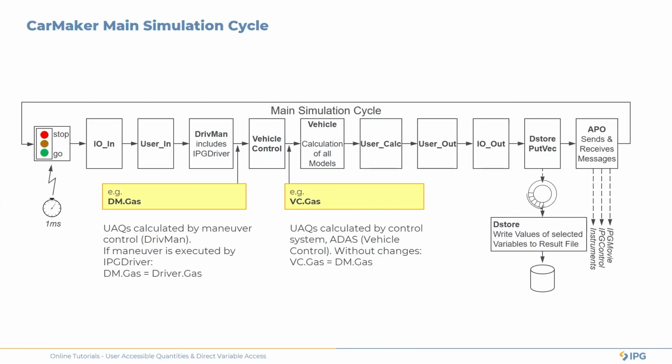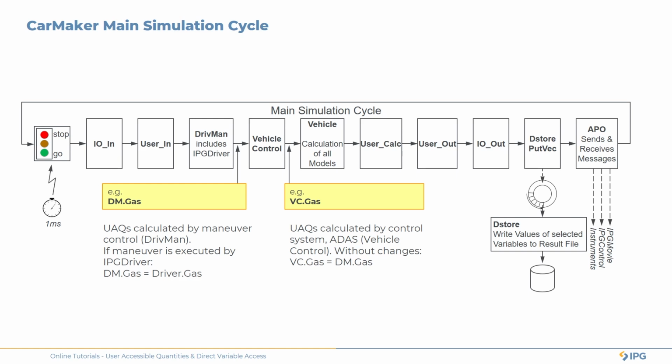Before I introduce the DVA function, let's have a look at CarMaker's main simulation cycle. The simulation starts from left to right. There are many different modules. For example, DriveMan. This module has DM gas, which is calculated by maneuver control. We also have the vehicle control module. This module has VC gas.